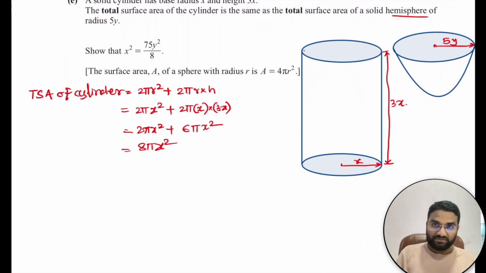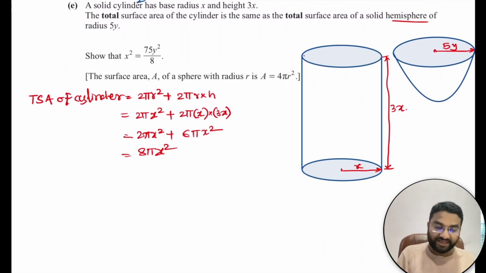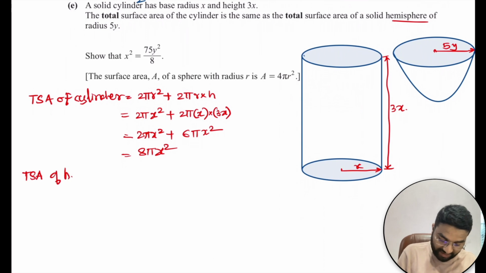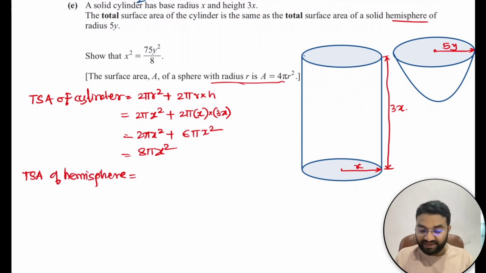Fine. And then the total surface area TSA of the hemisphere. Surface area of the sphere is 4 pi r square, as given. Okay, so we have the curved surface area and here the flat surface area which is a circle.